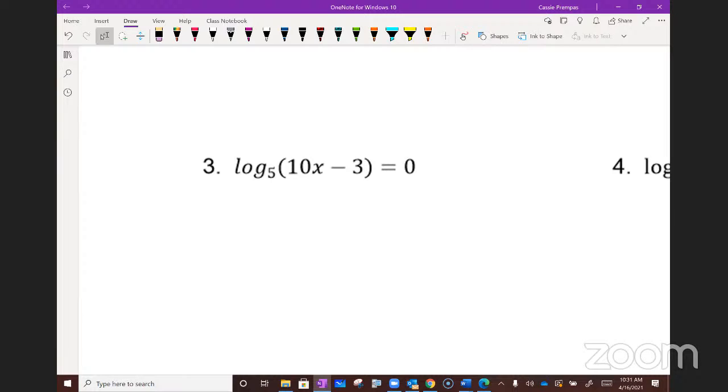So we're going to have x to the 0.5 equals 10x minus 3. Then you would add 3 to the other side. And then since 5 times 0, it would be 1.